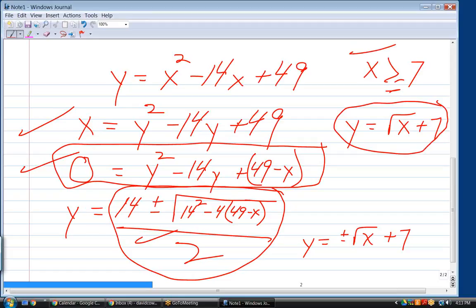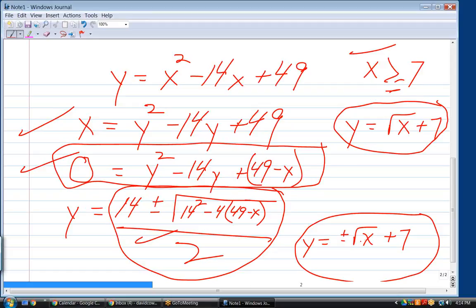Even though if you look at that answer, there's nothing that states that x needs to be greater than or equal to 7. We could have it, as long as it's positive, it would be fine. It could be 4 or 5, and it would be fine.